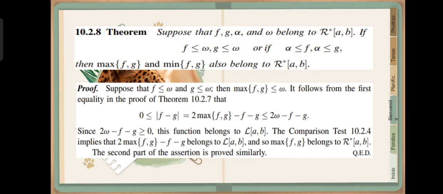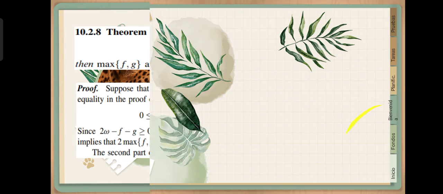Since 2ω − f − g is greater than or equal to 0, this function belongs to L[a,b]. The comparison test 10.2.4 implies that 2 max(f,g) − f − g belongs to L[a,b], and so max(f,g) belongs to R*[a,b]. The second part of the assertion is proved similarly. QED.